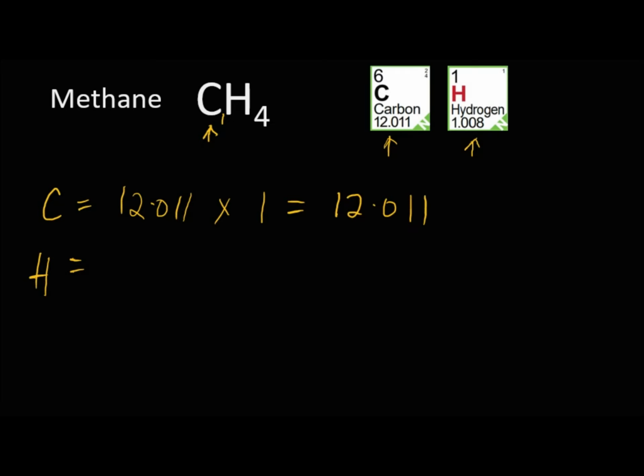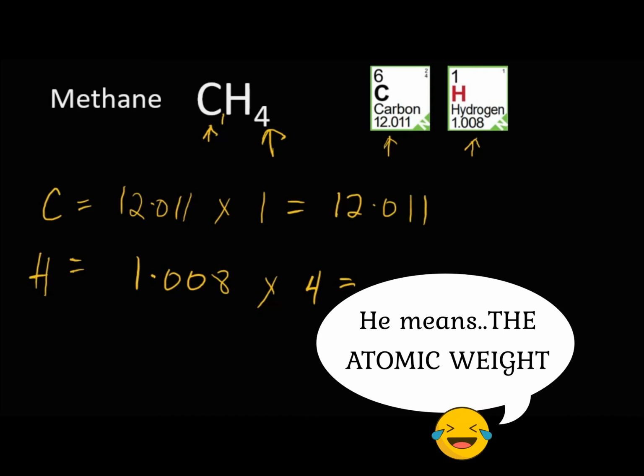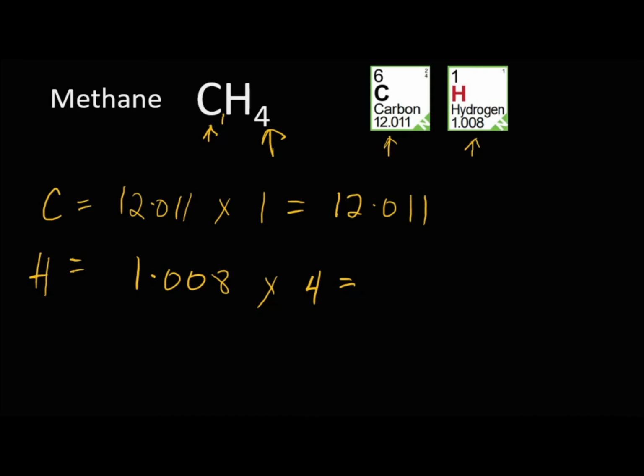That will give us 12.011. Right? Now for hydrogen, the atomic mass is 1.008. Now look at the subscript. We just multiply the atomic mass by the subscript, which is 4. That's 1.008 multiplied by 4, and that will give us 4.032.